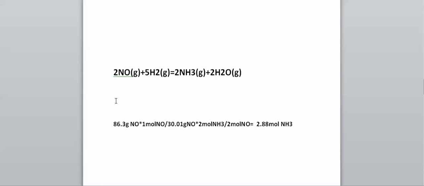So according to the balanced equation, we have 2 moles of nitrogen monoxide and 2 moles of ammonia. Therefore, put the moles of NH3 on top and NO on the bottom to cross out the moles of NO and get our product NH3 in moles. The result of this is 2.88 moles of NH3.